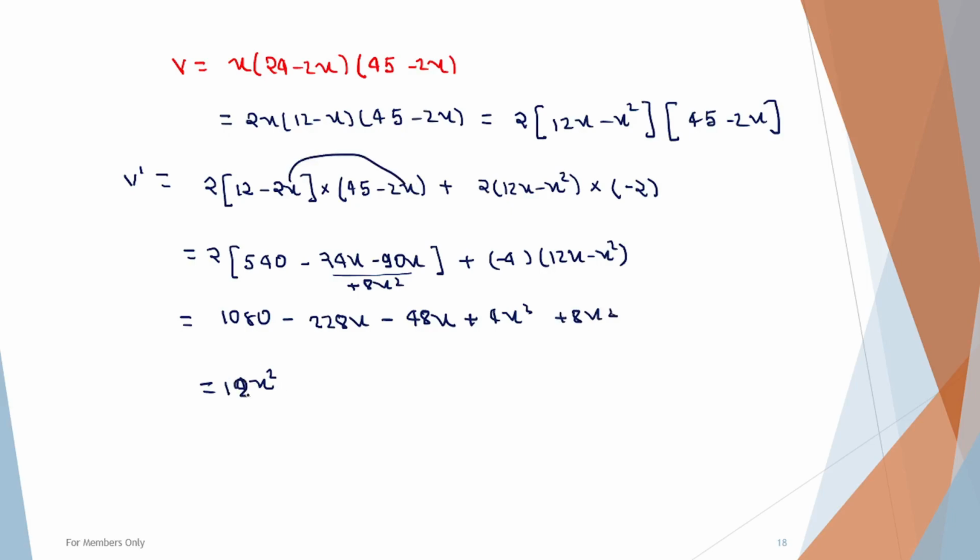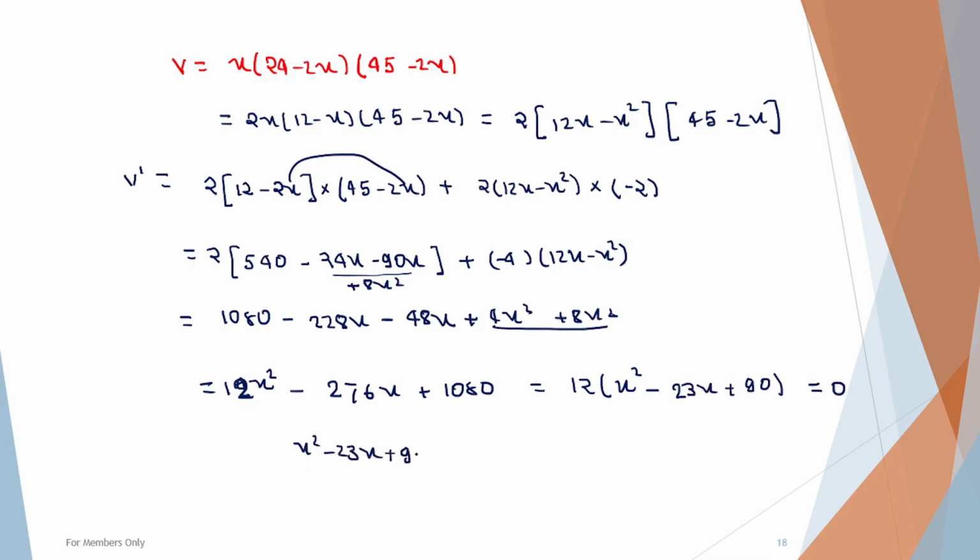So it will be equal to 12x square minus 276x plus 1080. Take out 12 as common: x square minus 23x plus 90. Now we will equate it to 0. So x square minus 23x plus 90 is equal to 0.